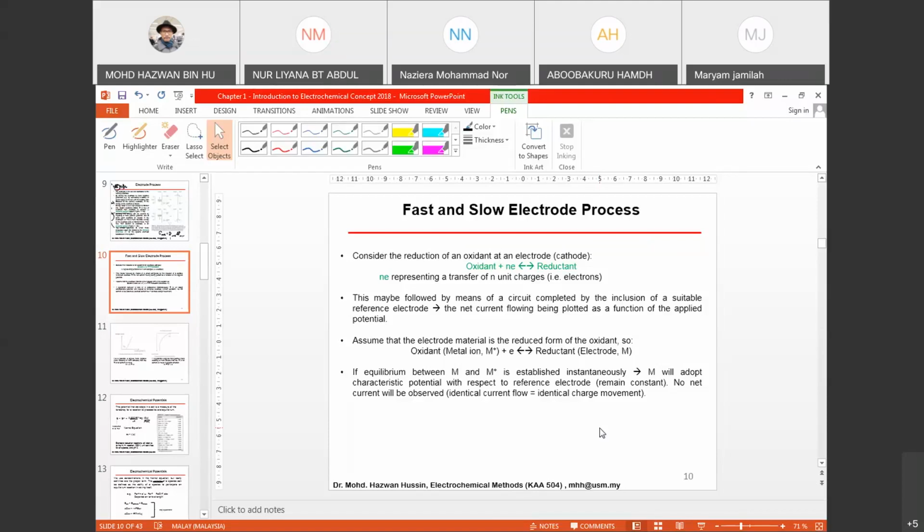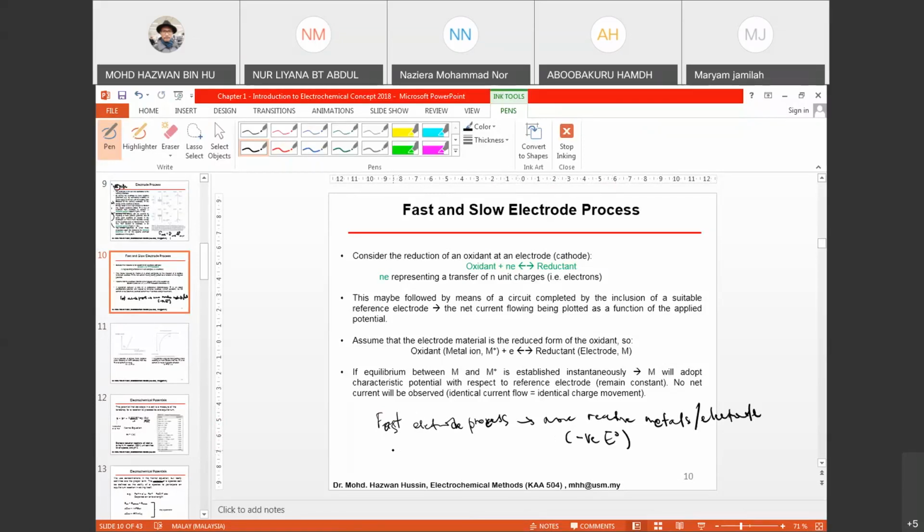But as I said, for fast and slow electrodes, you will have a fast electrode process if the electrode used is a more reactive one. A fast electrode process is where you have more reactive metals or electrodes, which in this case may be a more negative anode.